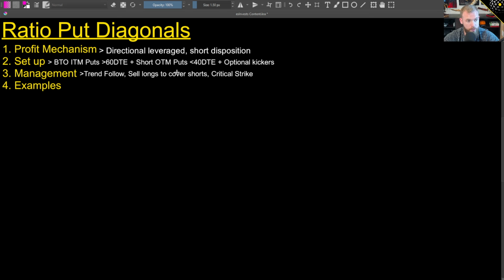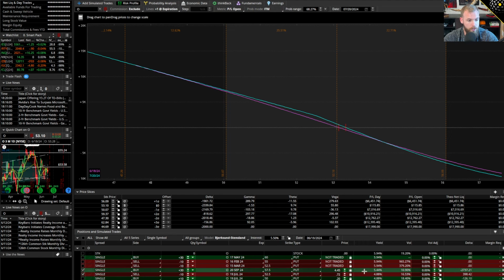Now, a couple other notes that are important to track with this kind of strategy, and this is where it starts to get a little complicated. You can simplify it if you want, and I'll explain how when we get to that. The way you simplify this entire strategy is if you're in this scenario where your short puts fall in the money, meaning it's moved in your favor a lot, and now you have short puts that will be losing money.